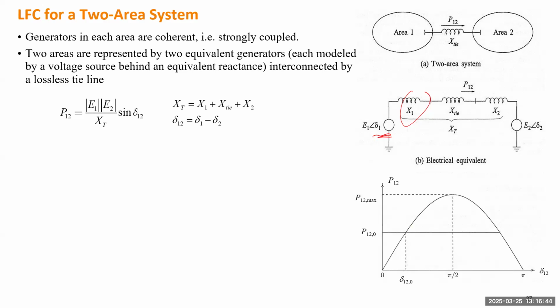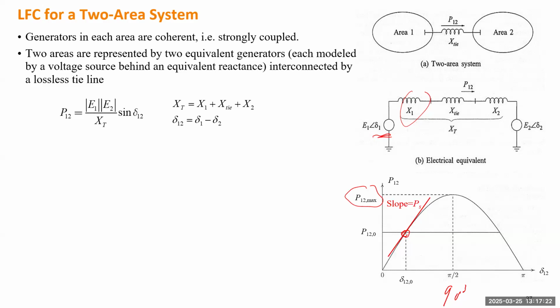If you draw how the power changes depending on the angle separation, that's basically a sine function. Usually the operating point will be somewhere here, far from 90 degrees. When the angle is equal to 90 degrees, that's the maximal steady-state power you can deliver from one area to another area. So usually the operating region will be far from that limit. Here we assume that P12 is 0.